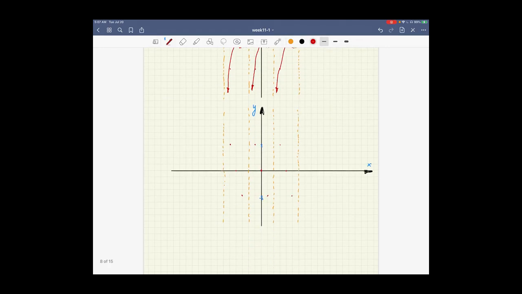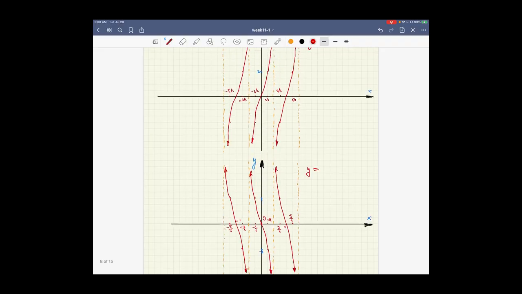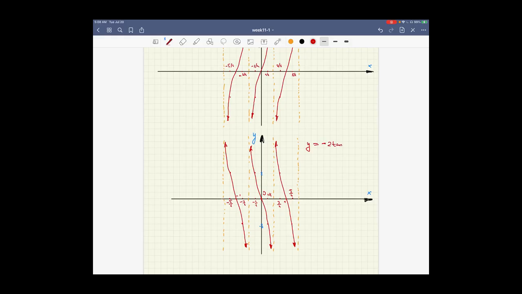And so the graph will look like this. That is the graph of y equals -2 tangent pi x.